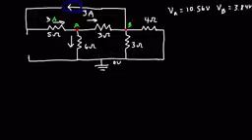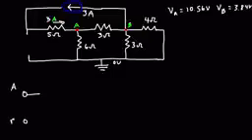So in order to determine the equivalent resistance, we need to redraw this circuit. So it's starting from point A and it wants to get to point B. Now between point A and B, we have a 3 ohm resistor.